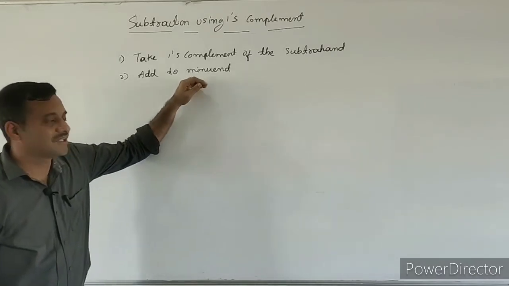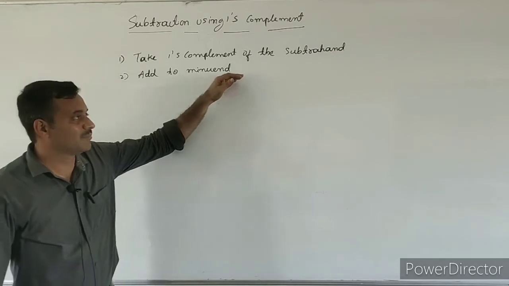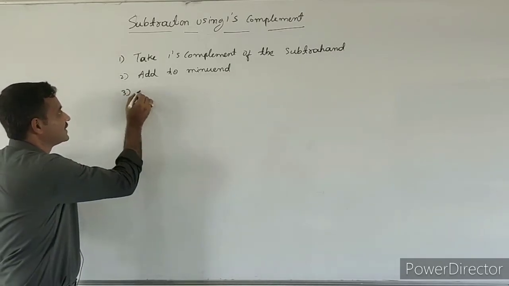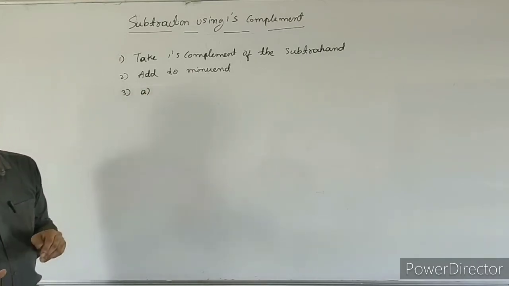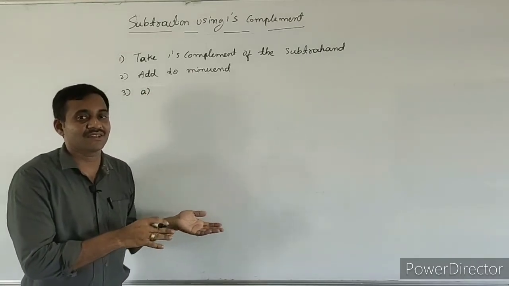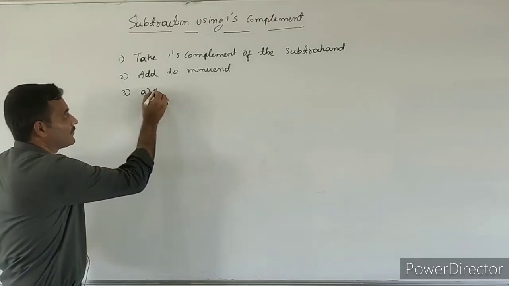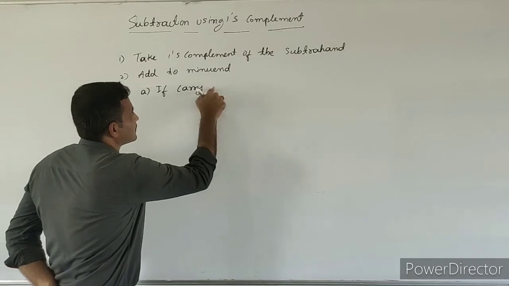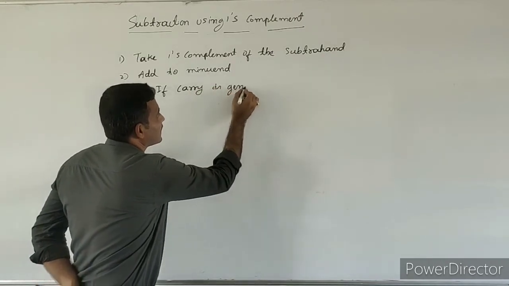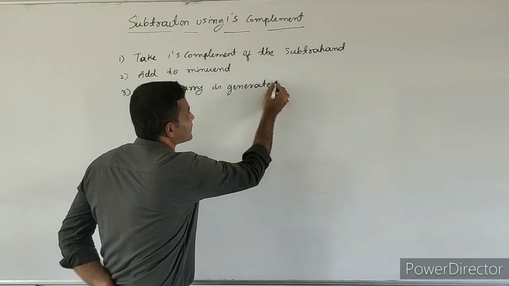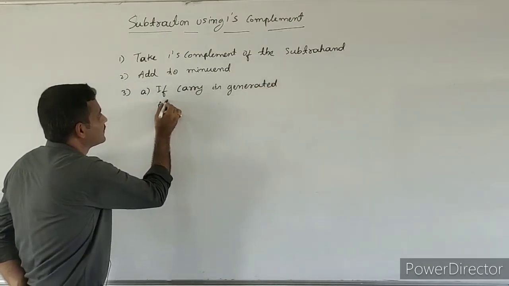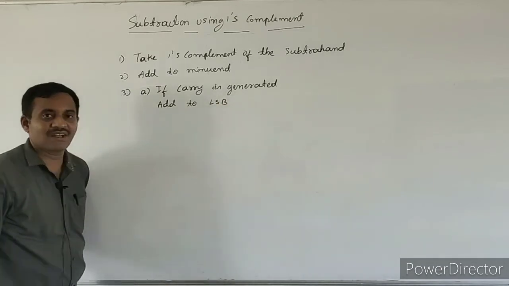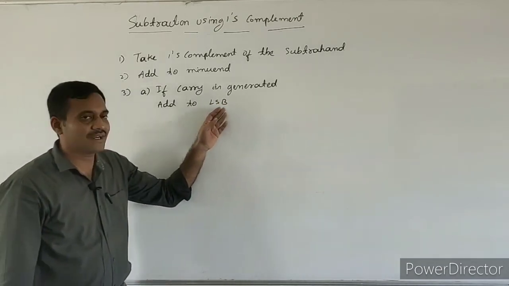We know that if the number is added to the minuend, it generates a carry. In the third step, there are two cases: either carry is generated or carry is not generated. In the first case, if carry is generated, add to the least significant bit.